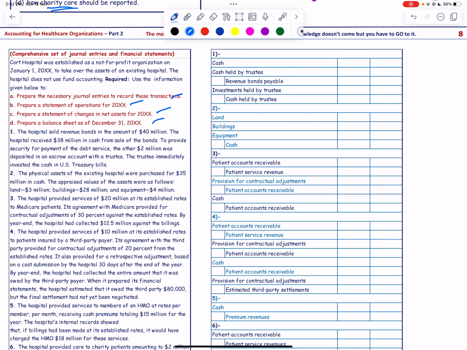So the hospital sold revenue bonds in the amount of 40 million. So revenue bonds are credited by 40 million. The hospital received 38 million in cash. So cash is debited by 38 million. And what else?